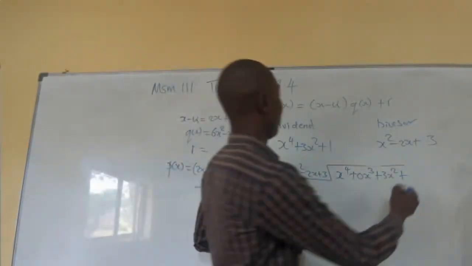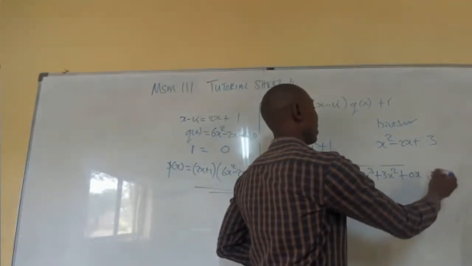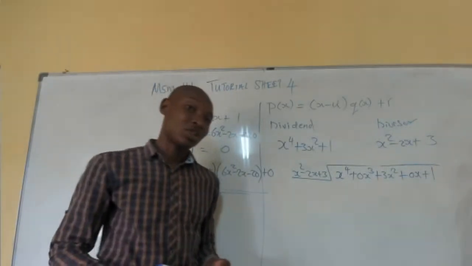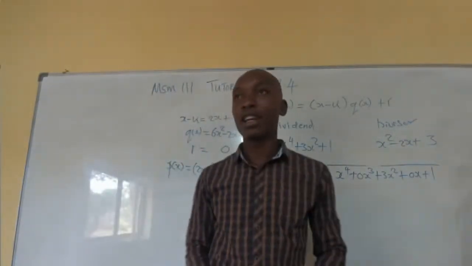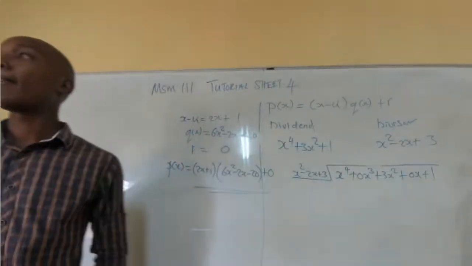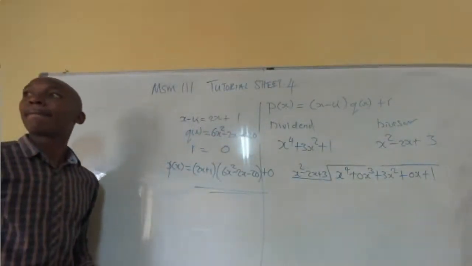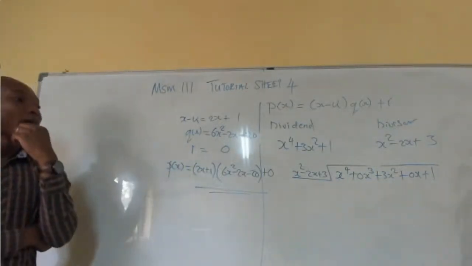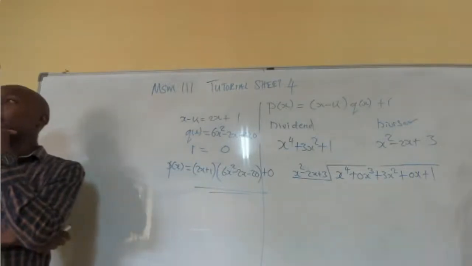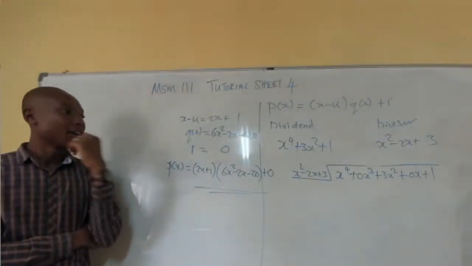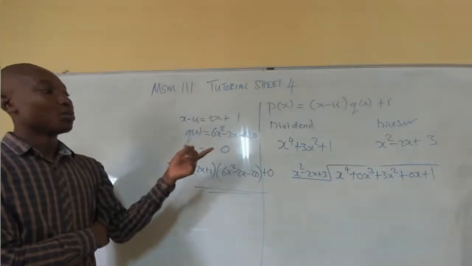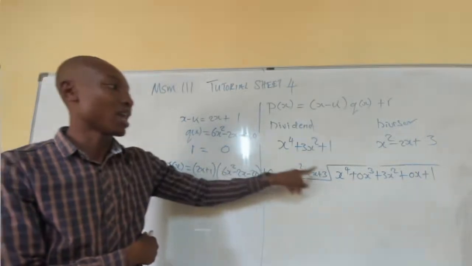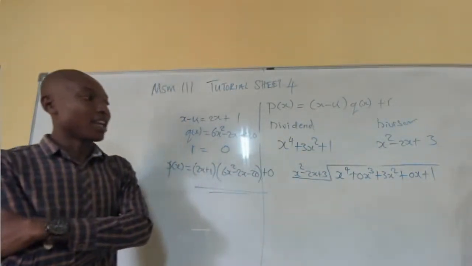An x. So we have 0x, then plus 1. So it wasn't as short as it looks in the question. You can take a look at that. We had a much shorter expression in the actual question compared to the one I've now written.